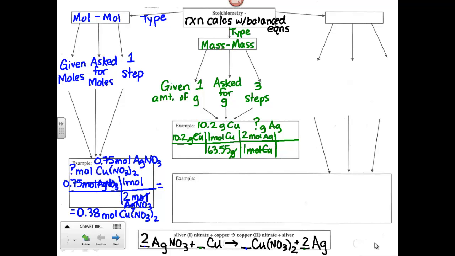Now we've canceled our moles of copper. And from here we need to change moles of silver back to grams of silver. So look at the periodic table. For every 1 mole of silver, there are 107.87 grams. And then we've canceled our moles of silver. Check for sig figs, do your math. You should end up with 34.6 grams of silver.